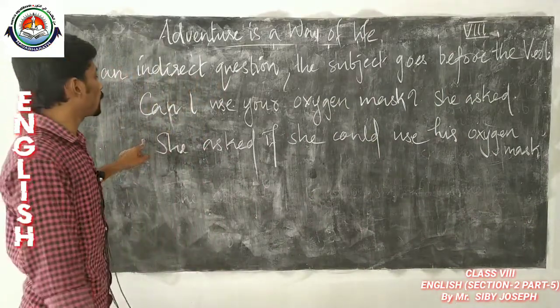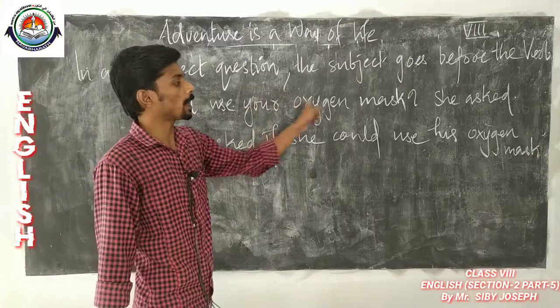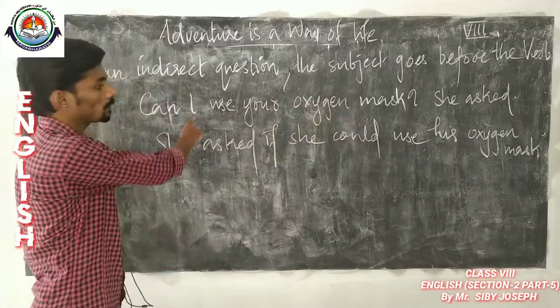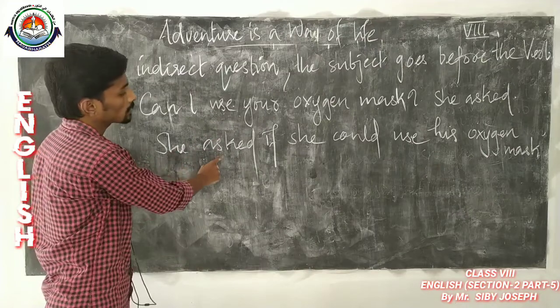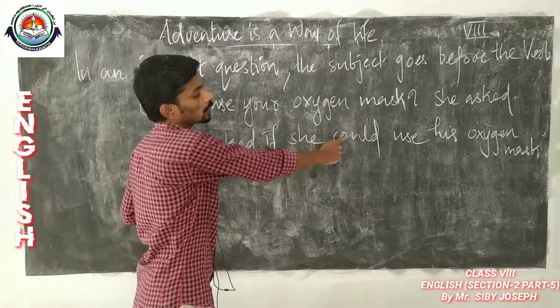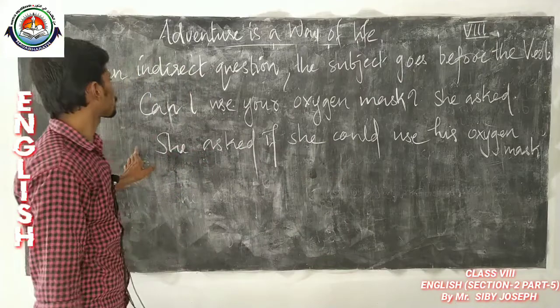So look at the example. "Can I use your oxygen mask?" She asked. So when we convert this into reported speech, she asked if she could use his oxygen mask.